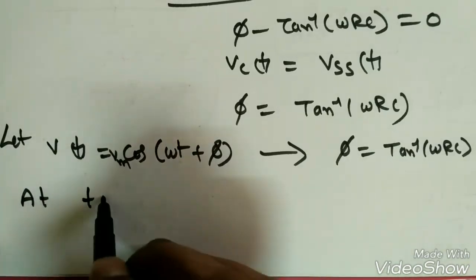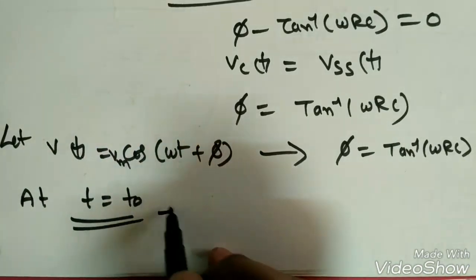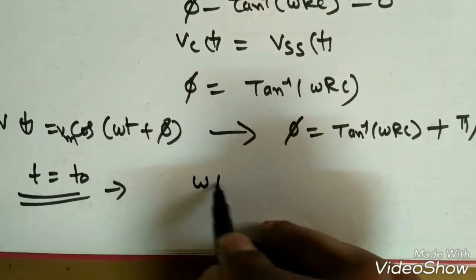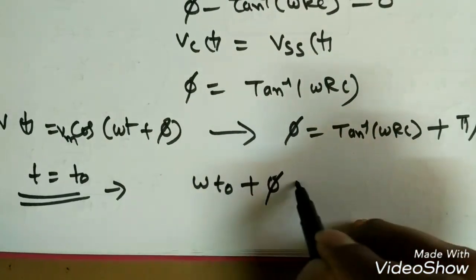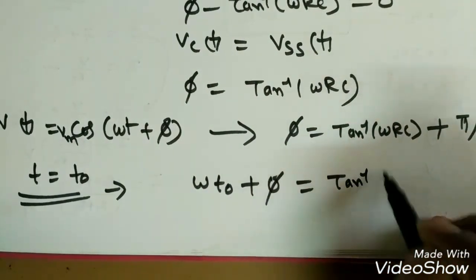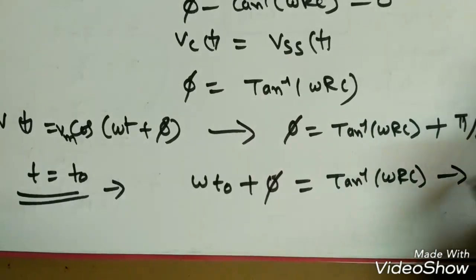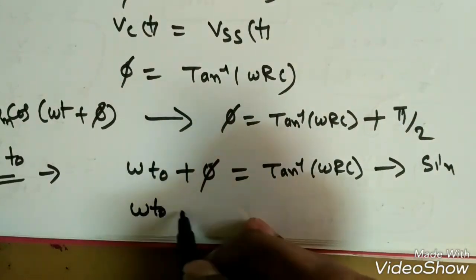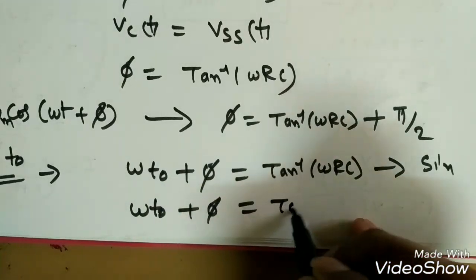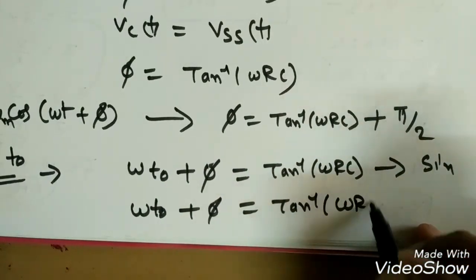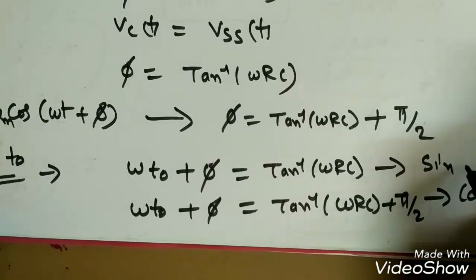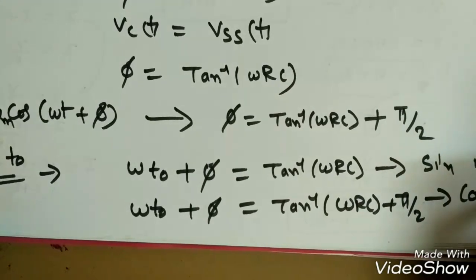Now at t equal to t naught, I will write the same. So we get the transient free condition: omega t naught plus phi is equal to tan inverse omega RC for a sinusoidal signal, and omega t naught plus phi is equal to tan inverse omega RC plus pi by 2 for a cos input signal.